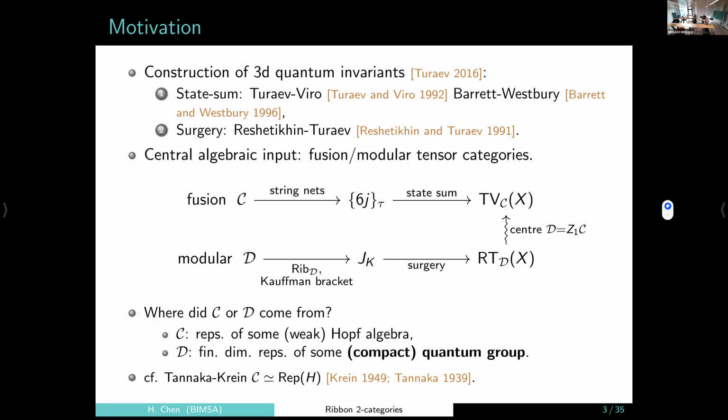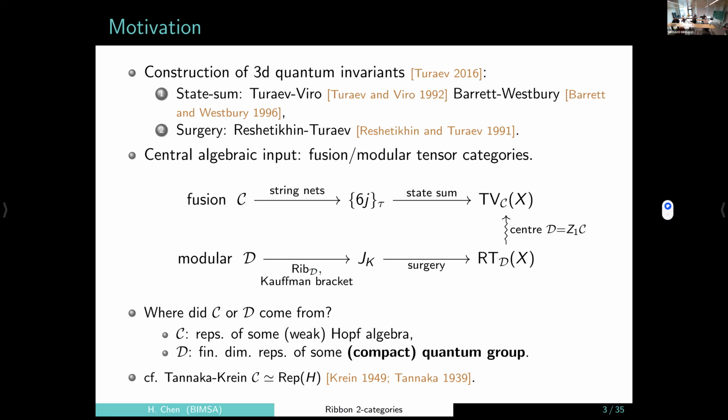So indeed, we want to lift 3D quantum topology. To start with, there are different types of invariants that you can construct in 3 dimensions. Of course, we all know very well you can do state sum or you can do surgery, starting with either the Turaev-Viro construction or the Reshetikhin-Turaev TQFTs.